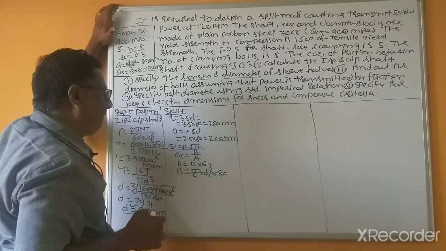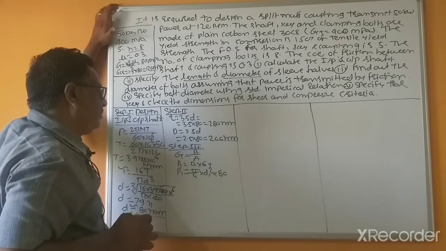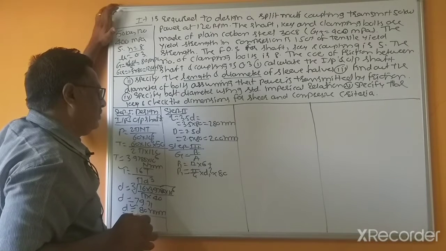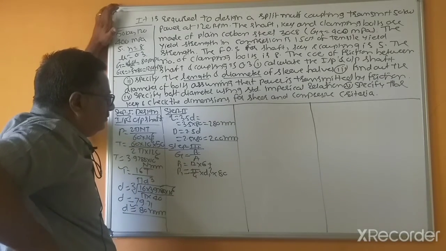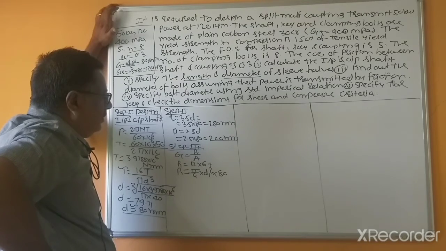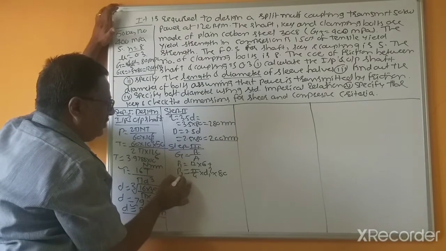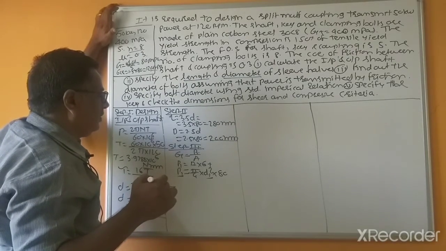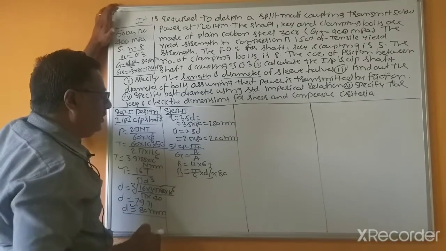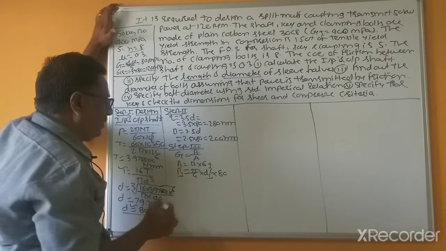This is clear? But here P1 is unknown and d1 is unknown. D1 is the diameter of the bolts.